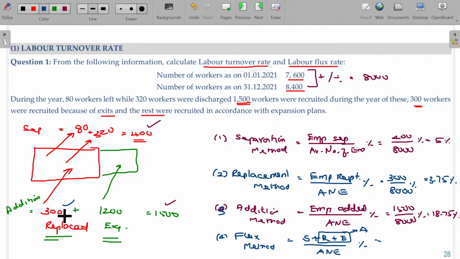Number of employees separated here being 400 plus replacement and additions being 1500 divided by 8000 in percentage. Then the ultimate value being 23.75 percentage. Clear? Come on. Make a note of it faster.